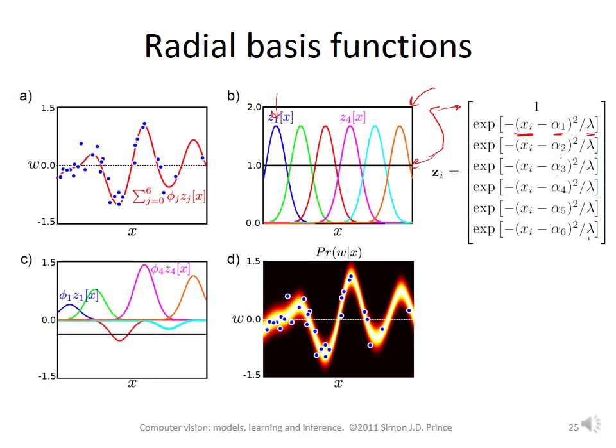Now, when we estimate phi, we're no longer weighting the different dimensions of the x data, we're weighting the different nonlinear responses of Z to x, which means that after we've done maximum likelihood training, for example, and we look at figure C here, we see that our basis functions have been scaled up or scaled down, or in the case of z3, it's actually been scaled by a negative.